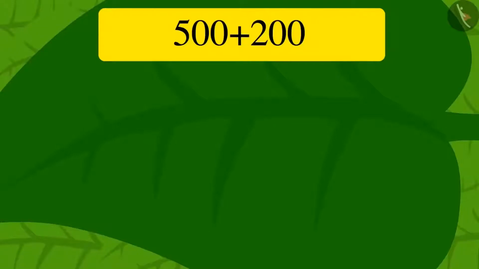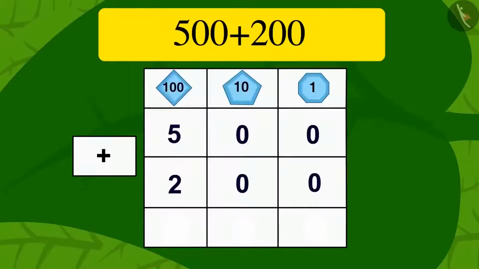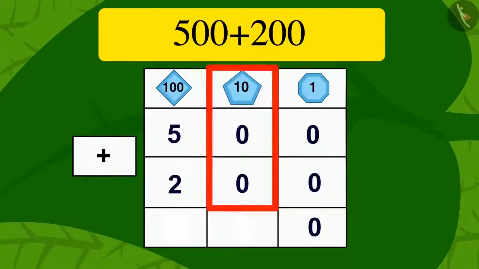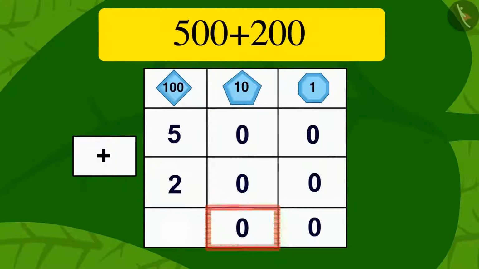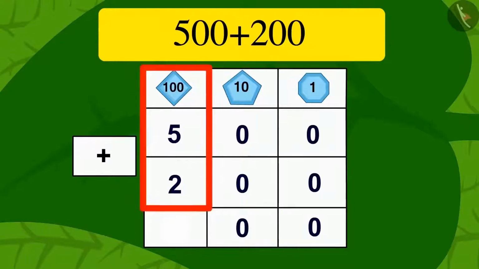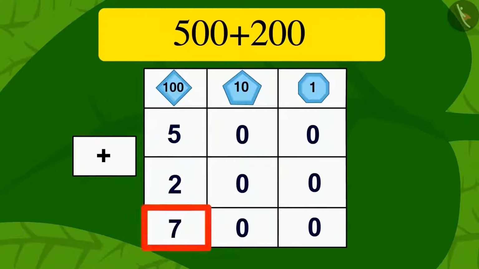Uncle quickly found the answer to the puzzle this way. 0 by adding 1 and 1. 0 by adding 10 and 10. At the end, 500 added to 200 became 700.